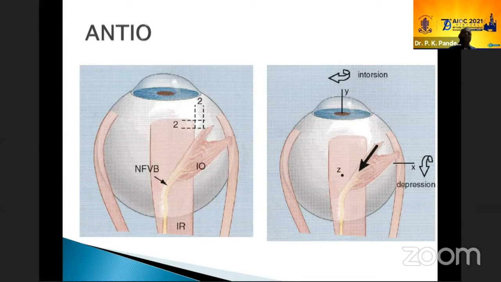So once that comes, this will sort of depress. So it is like an anti-elevator effect, and this procedure is going to have more effect on extortion because here there is active intorsion taking place as compared to other procedures. So the one advantage of ANT-IO is that if you have more extortion, this is probably a better procedure to undertake, and there will be no anti-elevation syndrome in these cases.